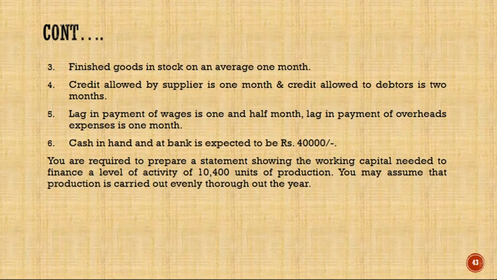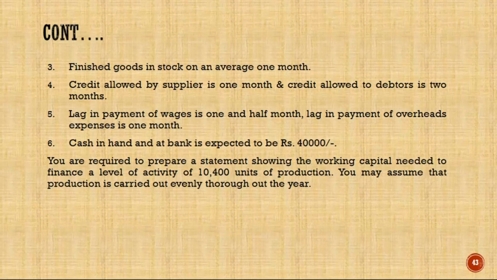Now, next they are saying that you are required to prepare a statement showing the working capital needed to finance a level of activity of 10,400 units of production. You may assume that production is carried out evenly throughout the year. That means they have given information concerned with the total number of units expected to be produced during a particular year.